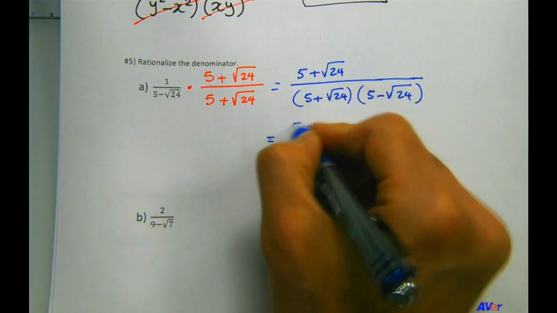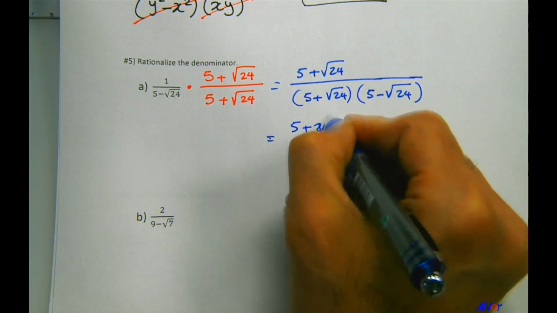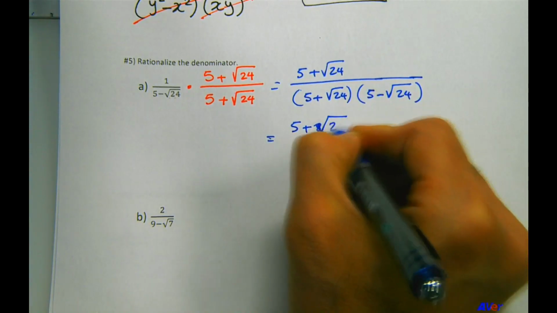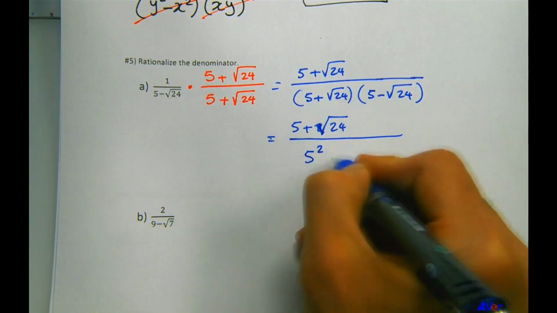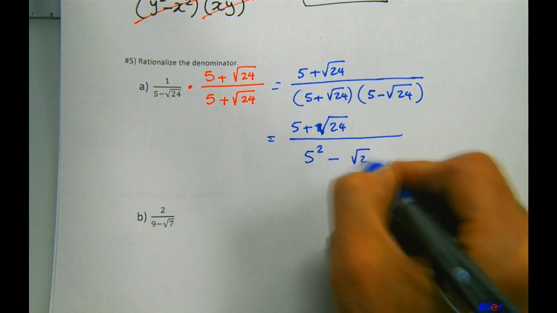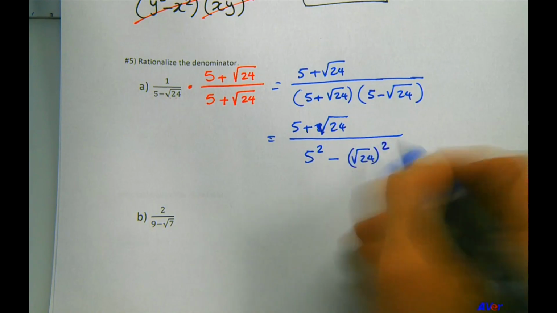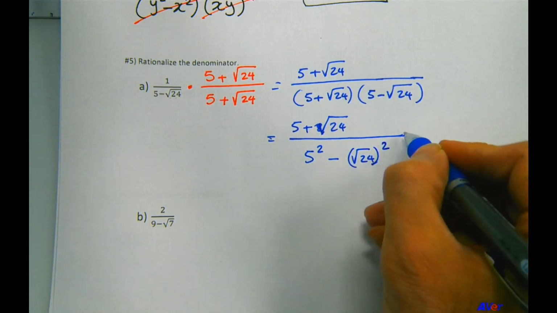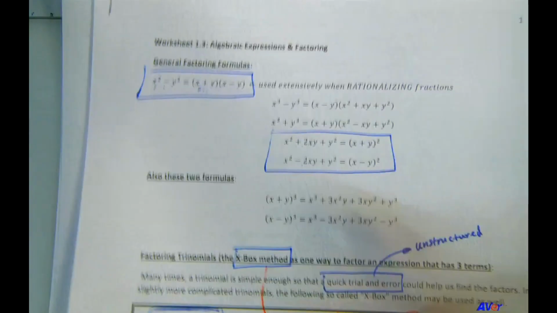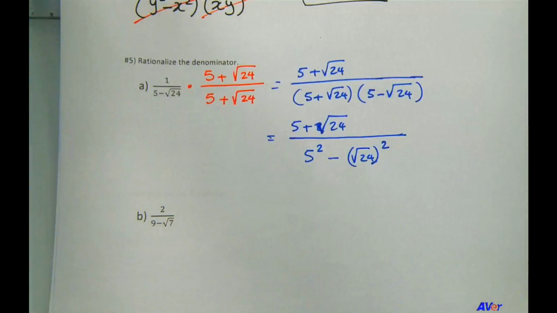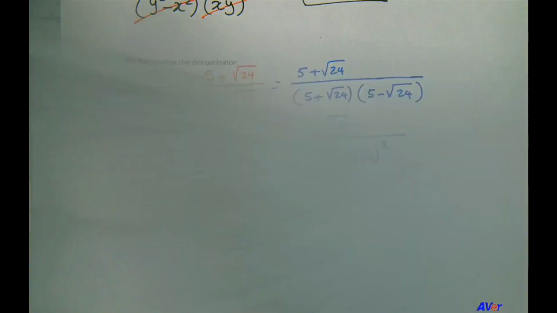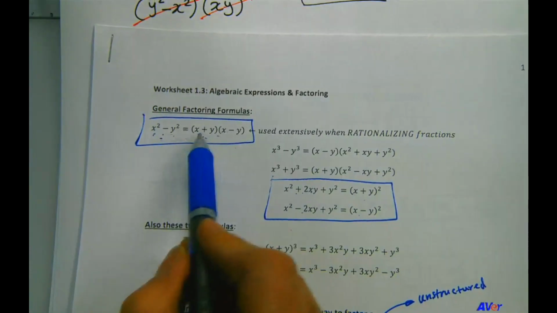So that will lead to 5 squared minus square root of 24 squared, right? Which is what we have here. Do you see the connection? This is very important. I hope you're seeing the connection between what we're doing and this identity that we talked about before.